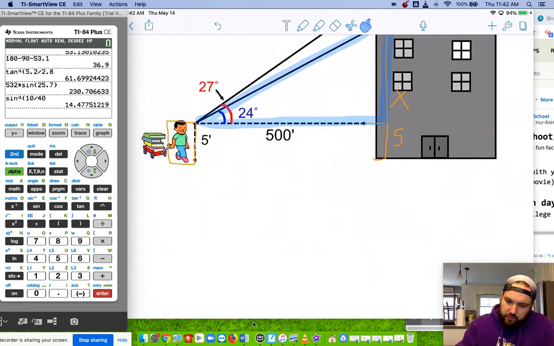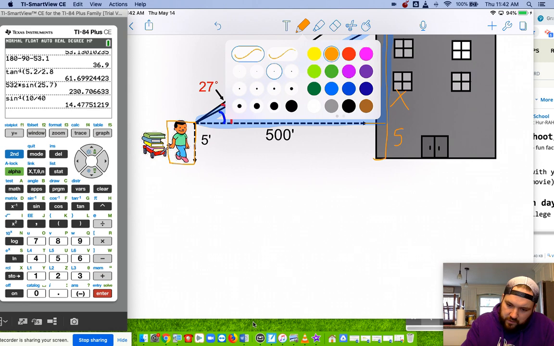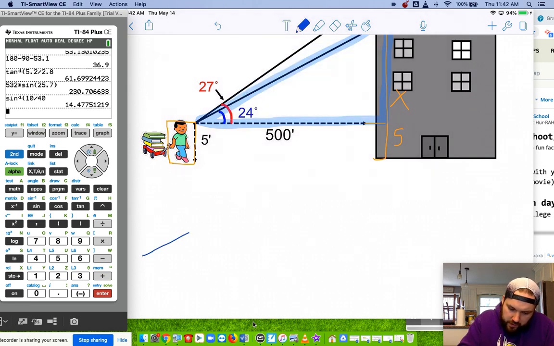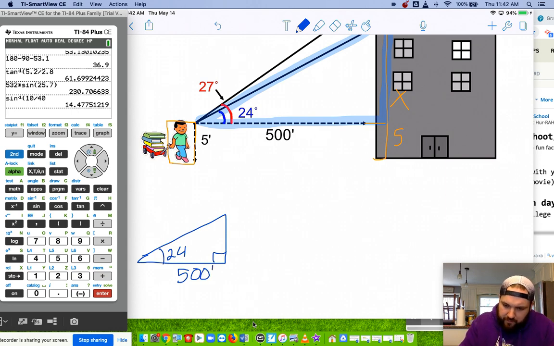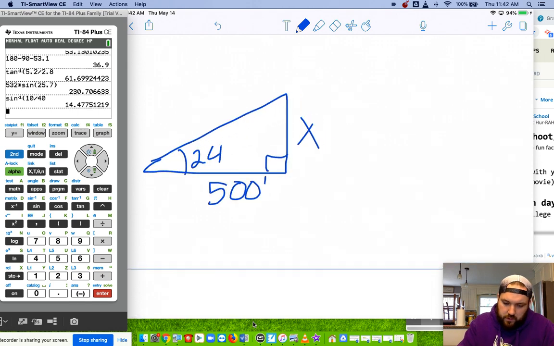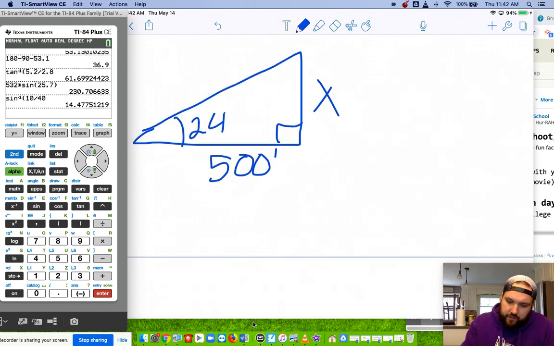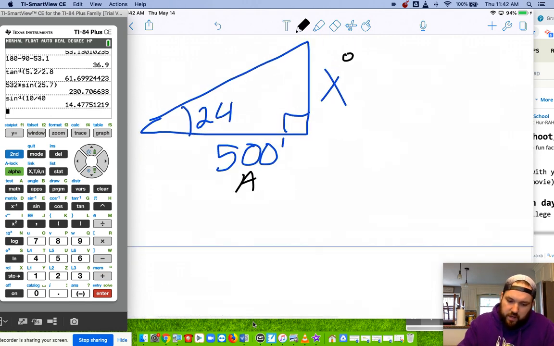So I'm going to go down below here, draw myself a triangle. There's my right angle. This is 24. This person is 500 feet away from the building, and I want to know what is the height. So here I have the opposite, and I have the adjacent is 500 to that 24 degree angle.